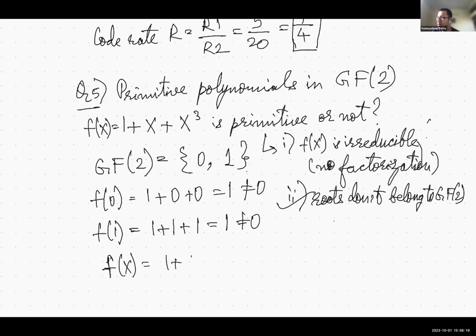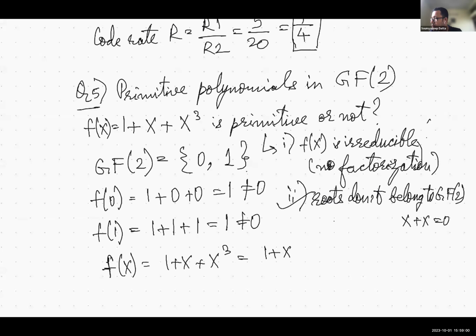Now, in binary arithmetic, what we know is that for any value, x plus x is always equal to 0, because 0 plus 0 is 0, and 1 plus 1 is also 0. If you add 1 and 1, it goes back to 0. Using that notion, let me add x square and x square and see what happens.